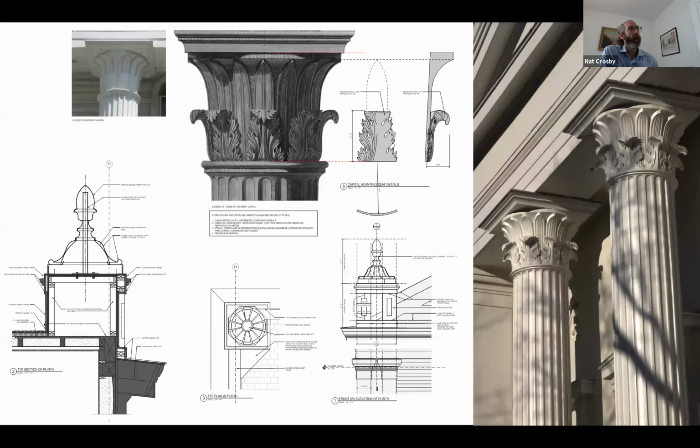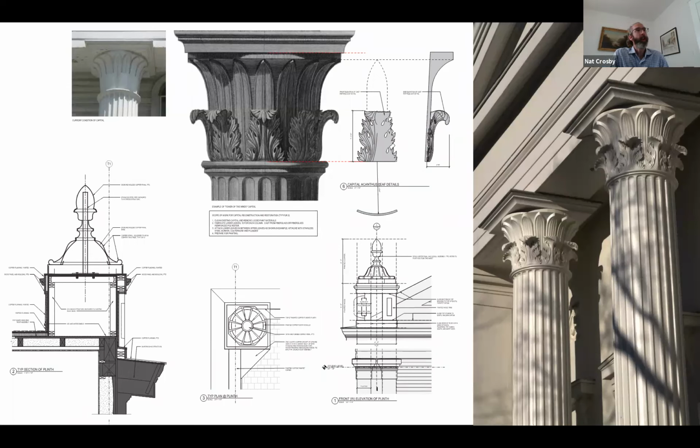Some other fun notes and details: when this church was being documented as part of its national registration process, the architectural historians looked at the capital in the upper left photograph and mistakenly understood that to be some form of Egyptian capital. They noted that as something of interest and an important part of the building and the streetscape.